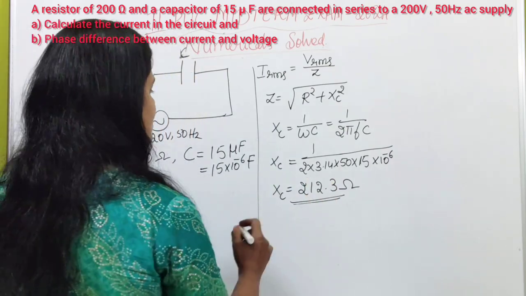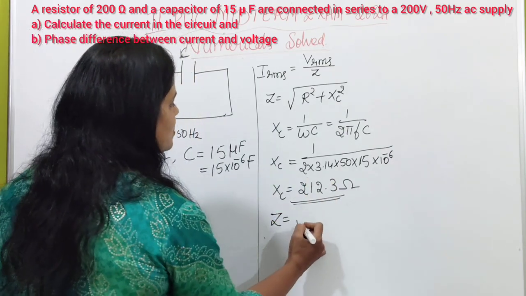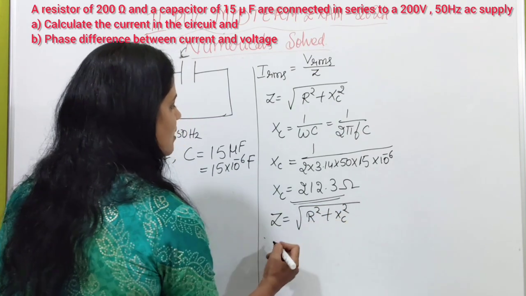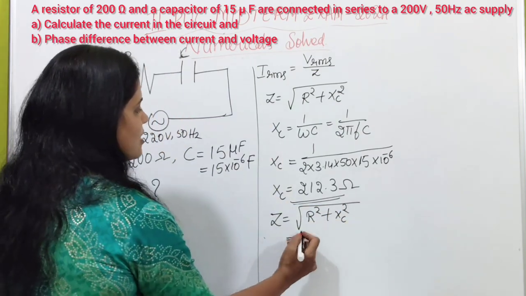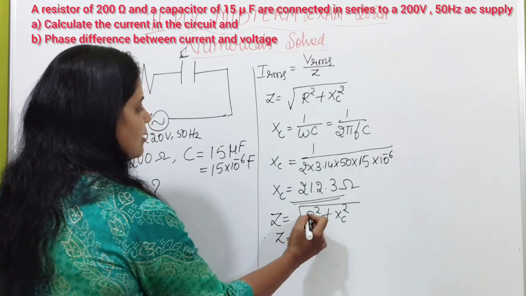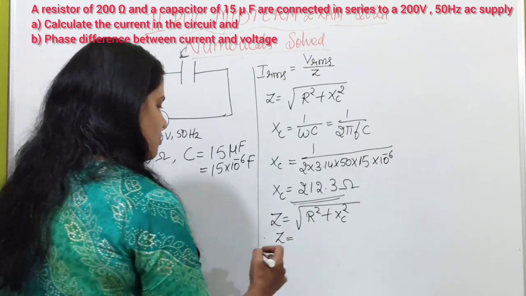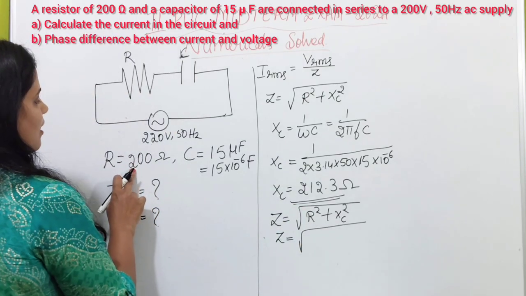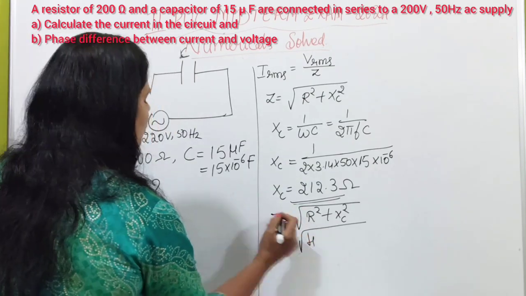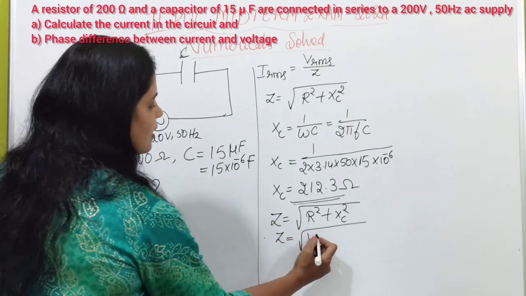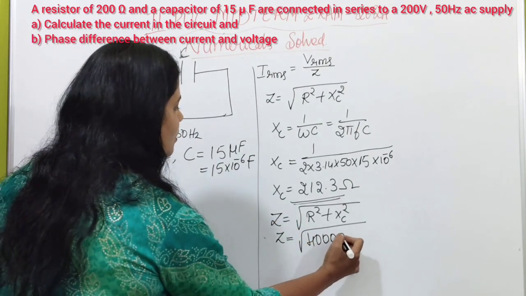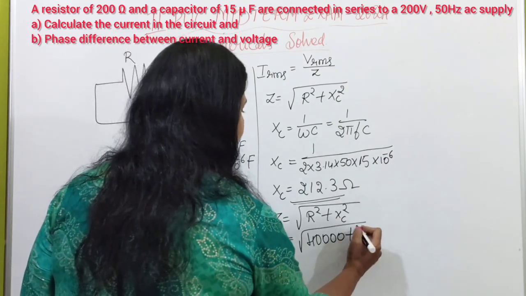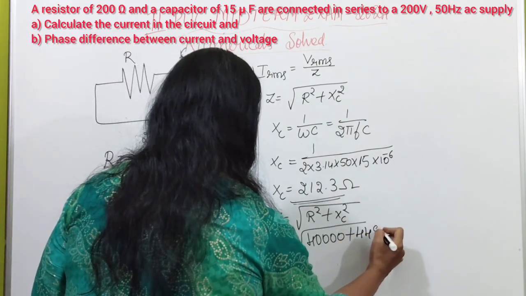After calculating XC, now let us calculate Z using the relation square root of R square plus XC whole square. Substitute the R value as well as the XC value and square it. R square: 200 square is 40000, plus XC, 212 square, you will get 44944.